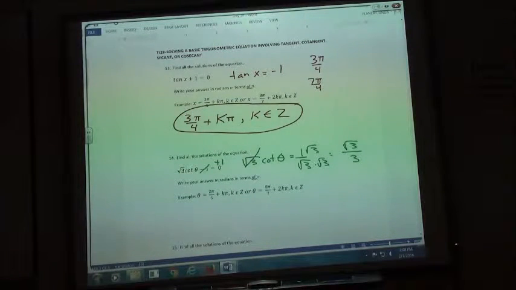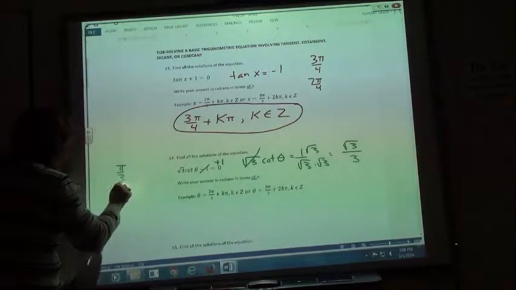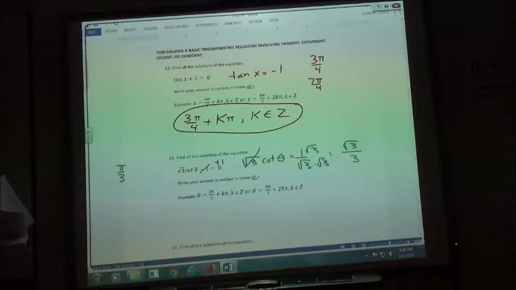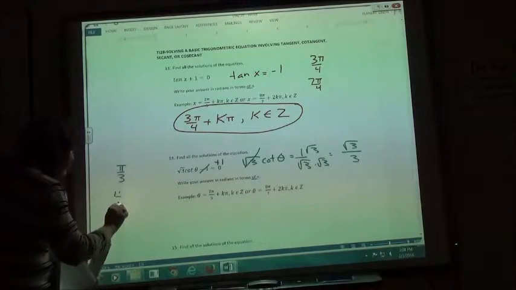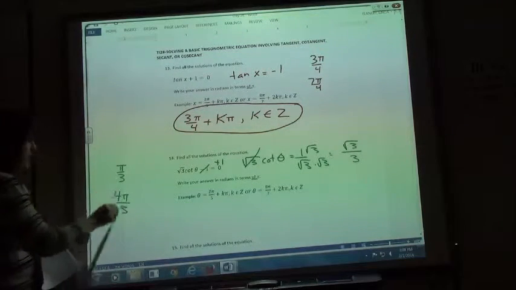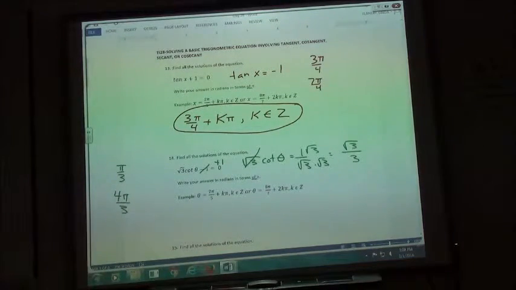I've got to find my table again. Keep losing it. Cotangent, last column, square root of 3 over 3 is at pi over 3 and 4 pi over 3. So again, you can see that those two angles are 180 degrees apart, or just pi apart.